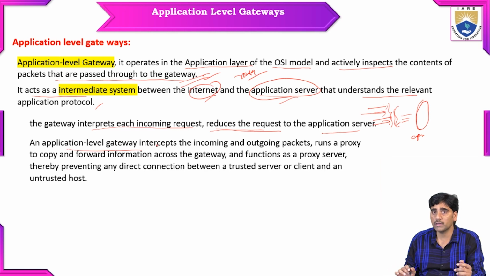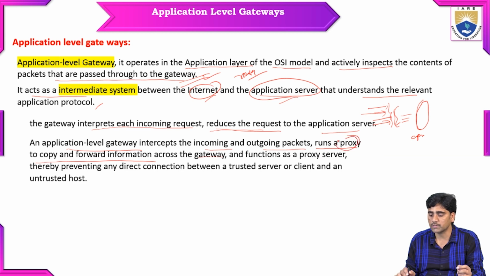An application level gateway intercepts the incoming and outgoing packets. Each and every incoming and outgoing packet is intercepted by the gateway, which runs a proxy to copy and forward information across the gateway.